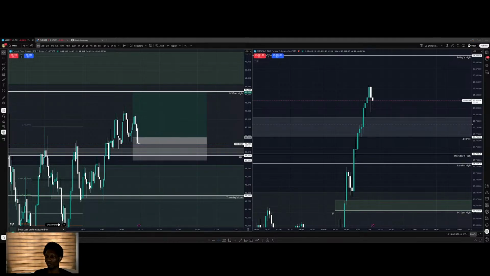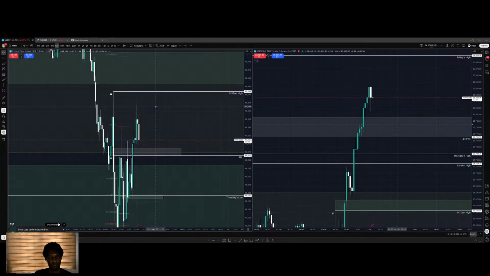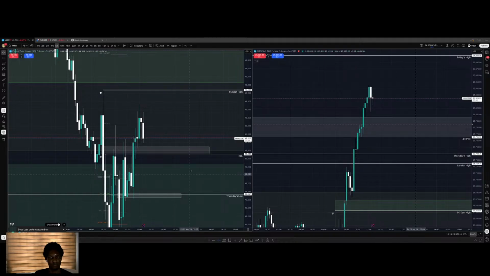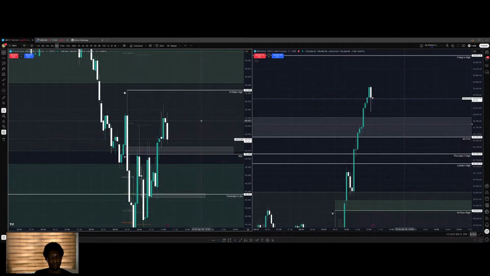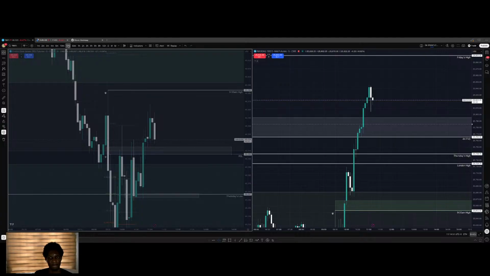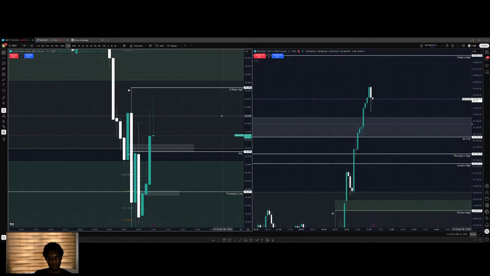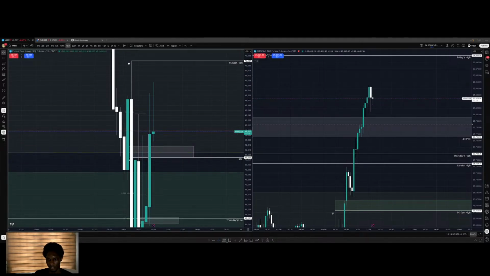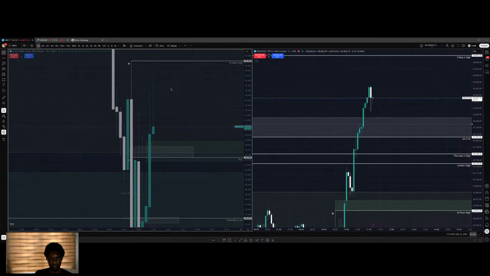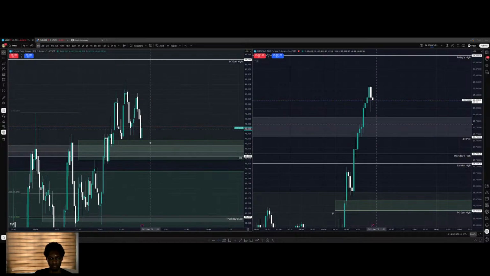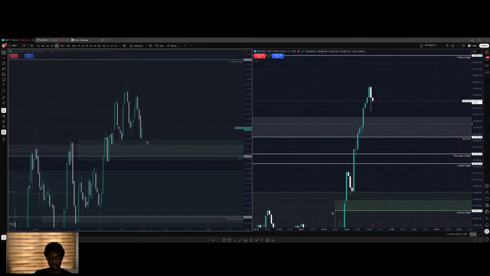That's okay. But we are forming a 50-minute gap. So let's see what happens when we trade into this 50-minute gap that's forming.